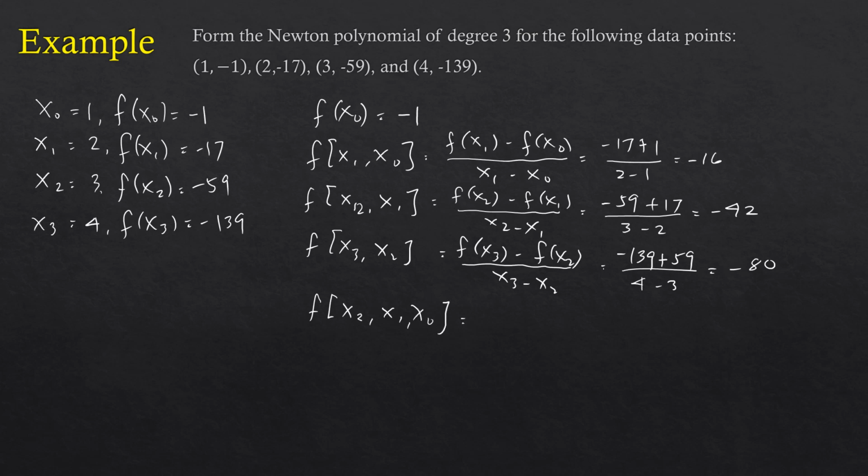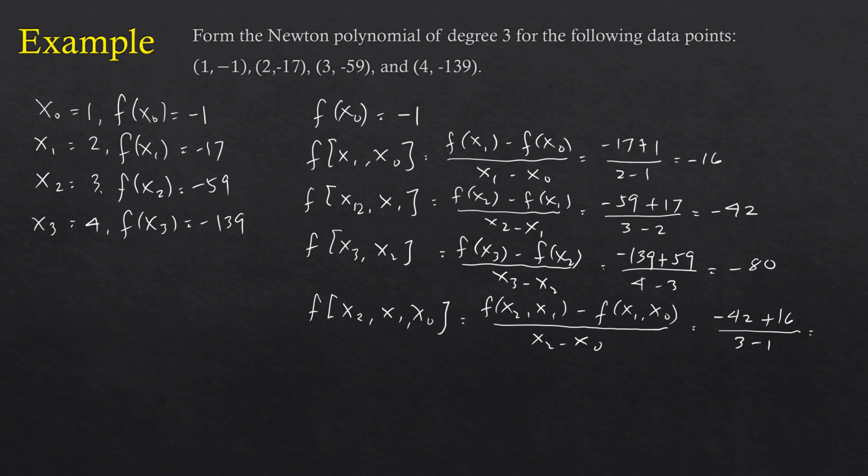That will be f of x sub 2 comma x sub 1 minus f of x sub 1 comma x sub 0 all over x2 minus x sub 0. f of x2, x1 is negative 42. f of x1 comma x0 is negative 16, so that is positive 16 over x2 is 3 minus x sub 1.